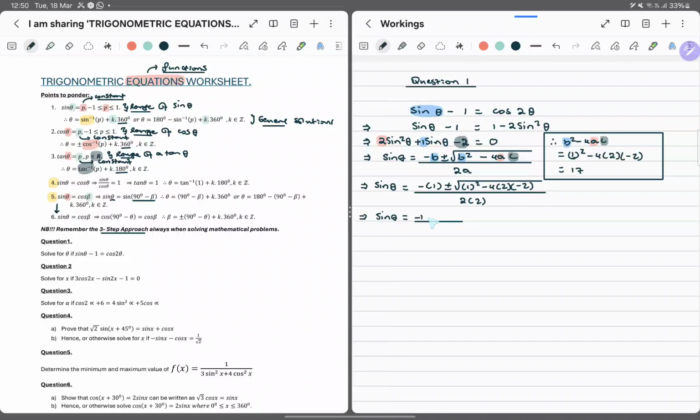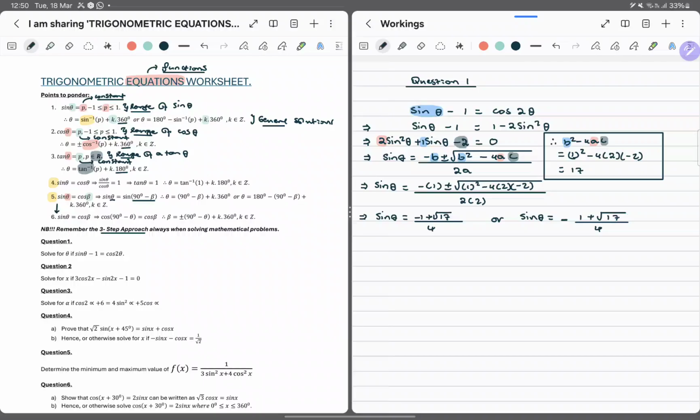So this is minus 1 plus the square root of 17 over 4, or sine theta is going to be, this one is going to be, we can factor out the negative, it becomes minus 1 plus the square root of 17 all divided by 4. Okay, so the effect of factoring this is just to show that this is going to be the negative one, or the one that gives us the negative value.